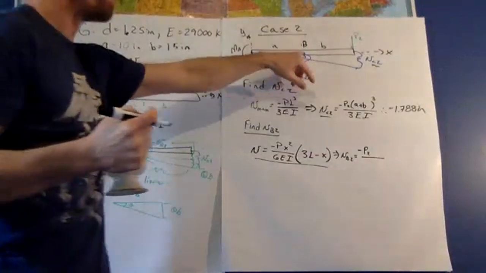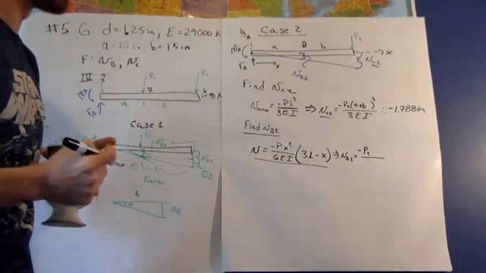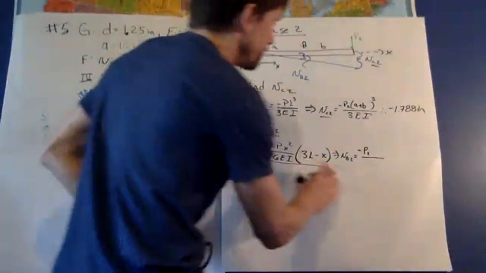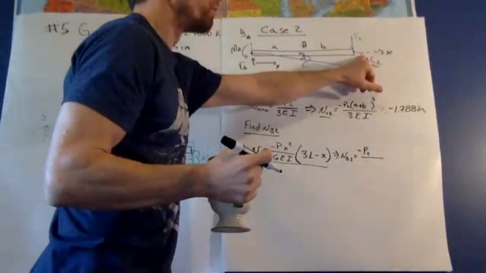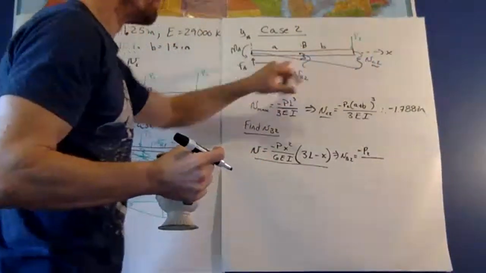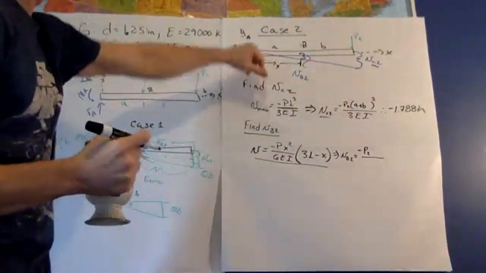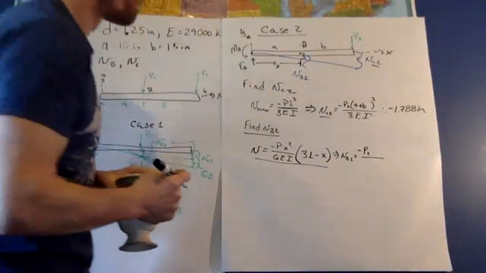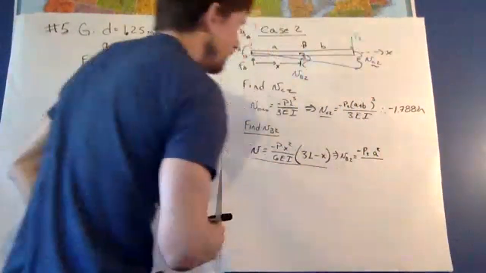So if we're looking at this point, what's the distance between here and this point here? Is it just X equals A? Yeah, it would be X. X equals A at this point. So that's part of mapping. That's the one thing that most students get confused at. If we're looking for the deflection at B, in case 2, the X goes all the way to where we're looking. In case 2, the X is equal to A. So we would say A squared, and then we would say 3, what's our L in this case?